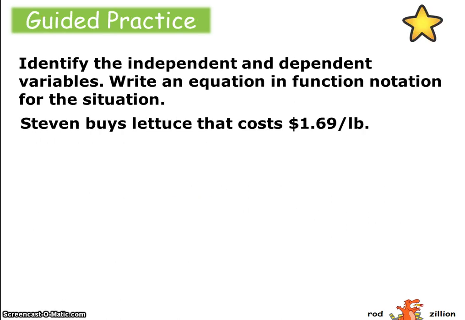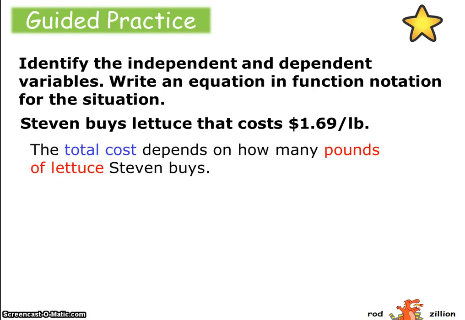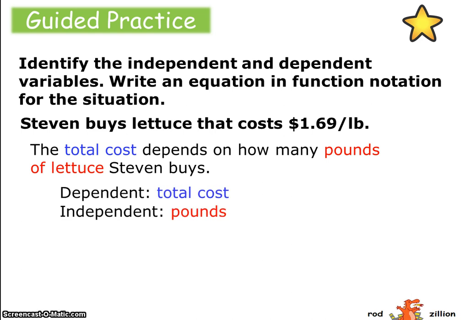You try. Stephen buys lettuce that costs $1.69 per pound. Please pause. Alright, so hopefully you recognize that the total cost depends on how many pounds of lettuce Stephen buys. So the dependent variable is the total cost, and the independent variable is the number of pounds of lettuce.